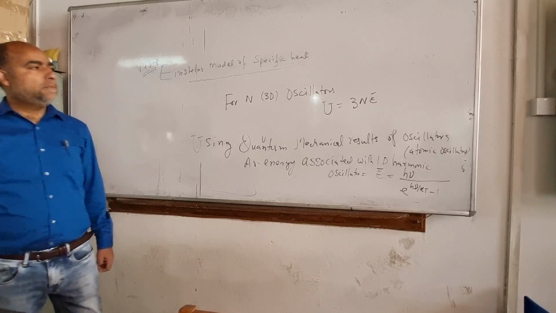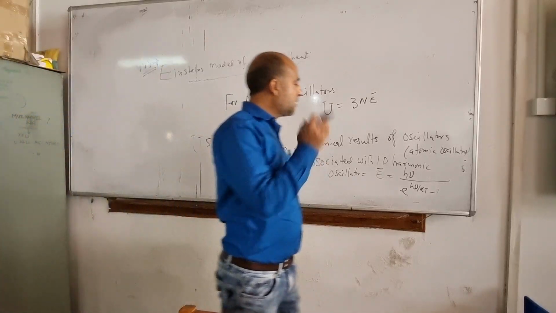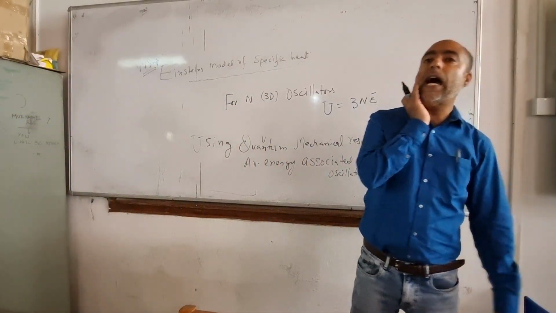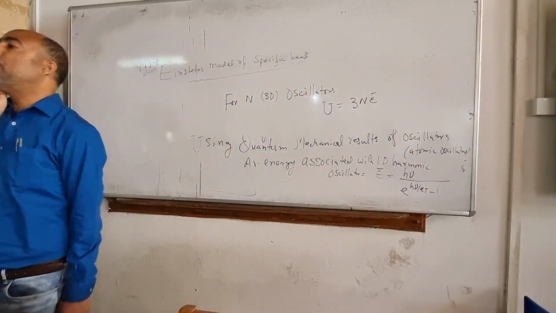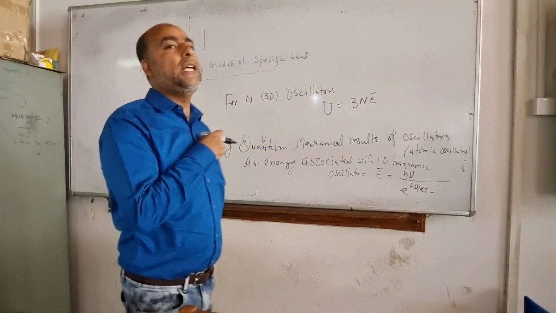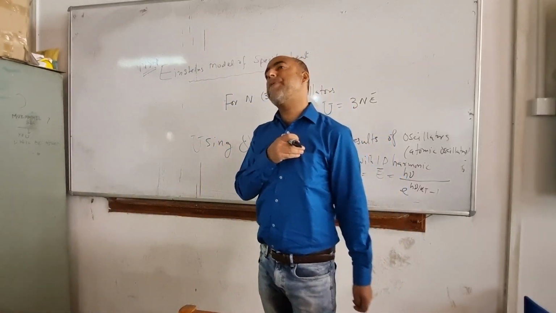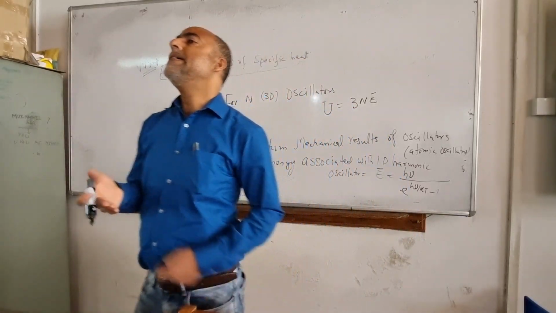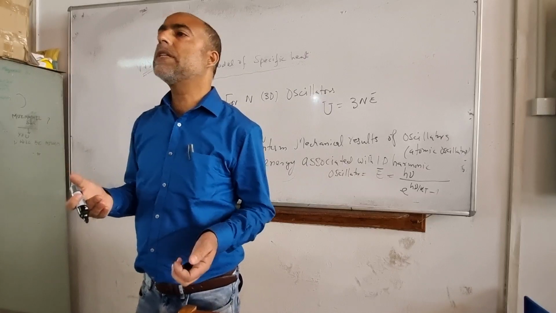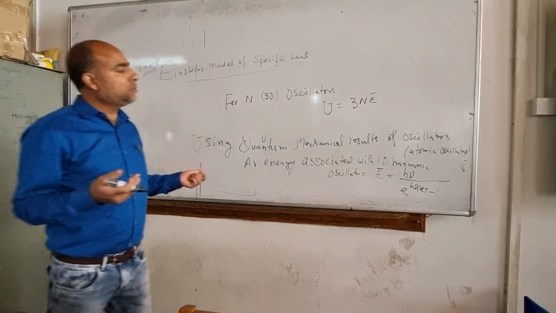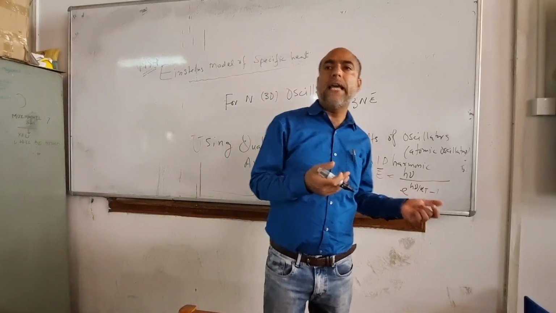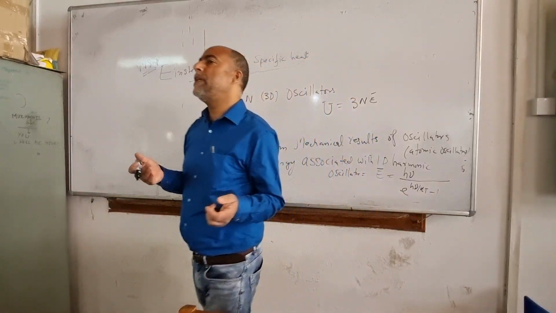As we were discussing from yesterday, we have to find the specific heat at constant volume, because in solids when we refer to specific heat, we usually refer to specific heat at constant volume. In the case of gases, you usually take Cp.